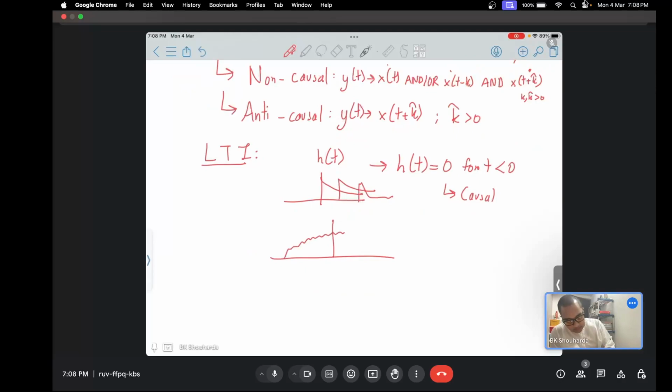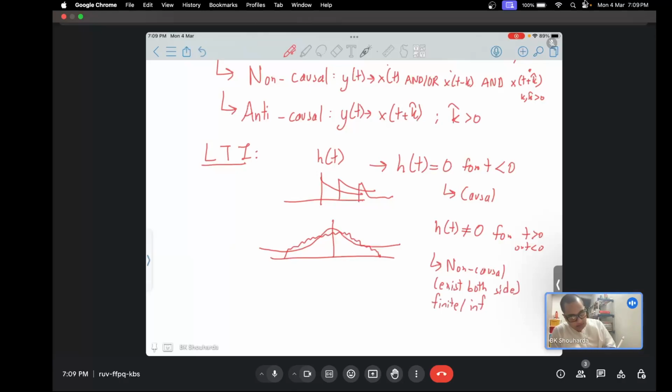If you see anything like this or anything like this, that means h(t) not equal to 0 for t greater than 0 or t less than 0, at least for a finite or infinite interval, then this is non-causal. That means it should exist on both sides, and it can be either finite or infinite duration. That means that you could have something like this or something like this as well. I am talking about the impulse response.